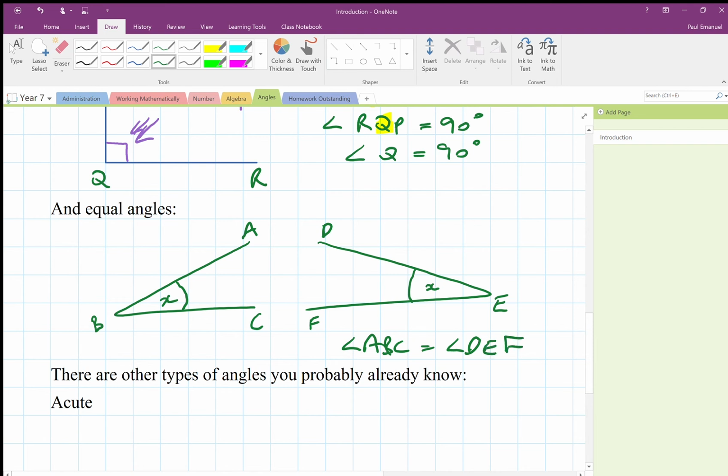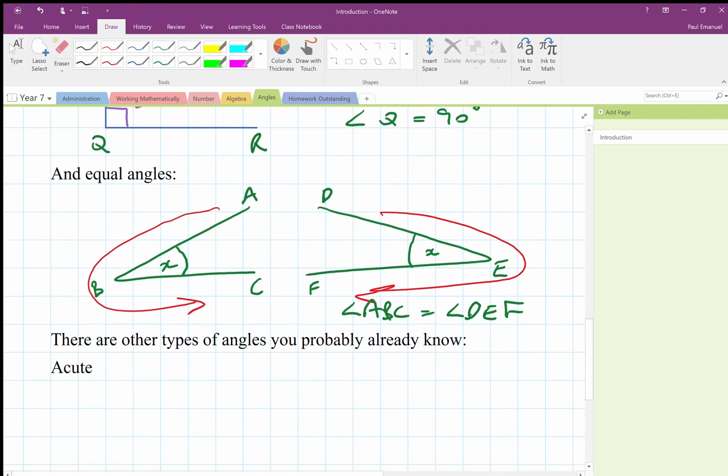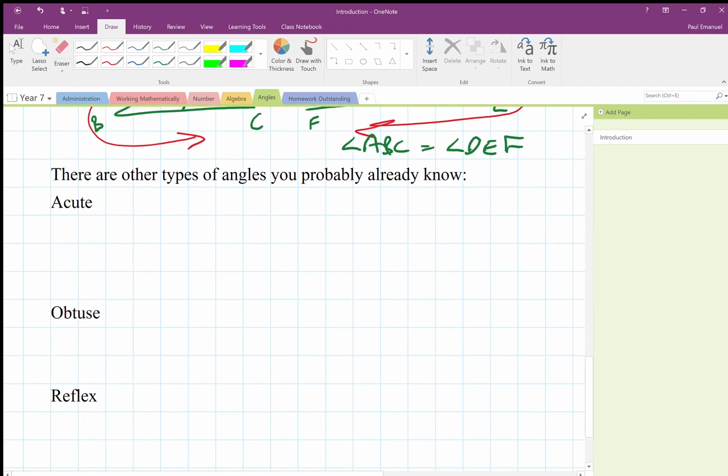So there's three different ways of saying that angles are equal. And notice I've gone ABC, I've gone DEF, so I've gone around the angles in the right way. I could have gone backwards. So I could have done CBA and FED, but I didn't want to.